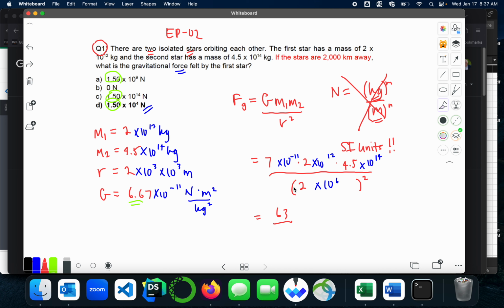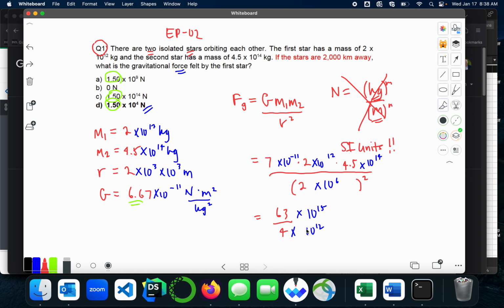And let's do the scientific notation then, 10 to the negative 11 times 10 to the 12 is 10 to the 1, because I'm adding those. 10 to the 1 times 10 to the 14 is going to be 10 to the 15. All right, divided by 2 squared, which is 4. And 10 to the 6 squared is 10 to the 12.